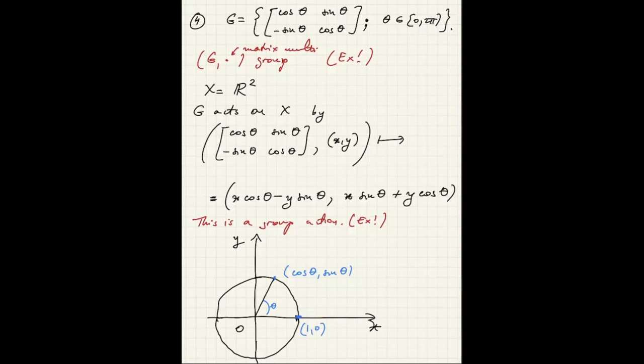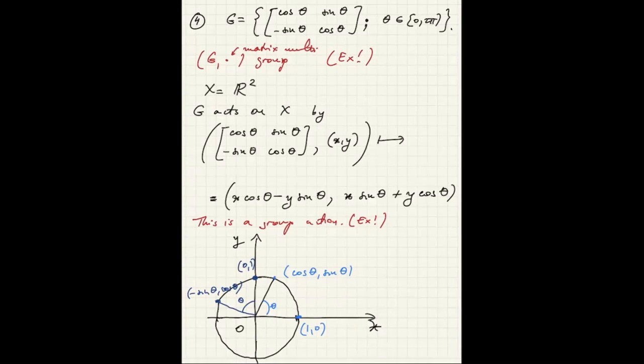And it's not too hard to see that if we act on another element here, 0, 1, it's also a rotation by theta this way. This is going to be the point whose coordinates are minus sine theta, cosine theta.